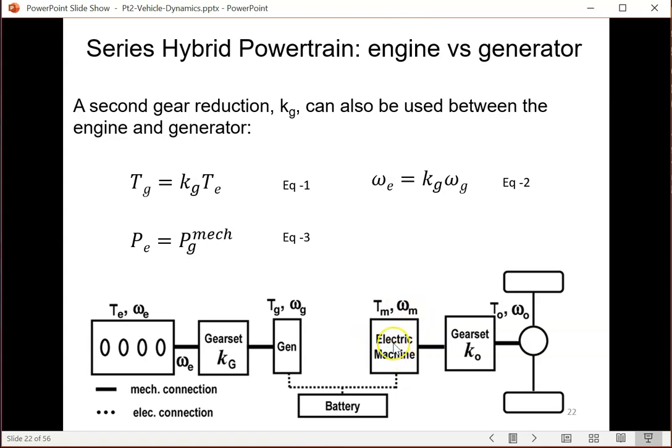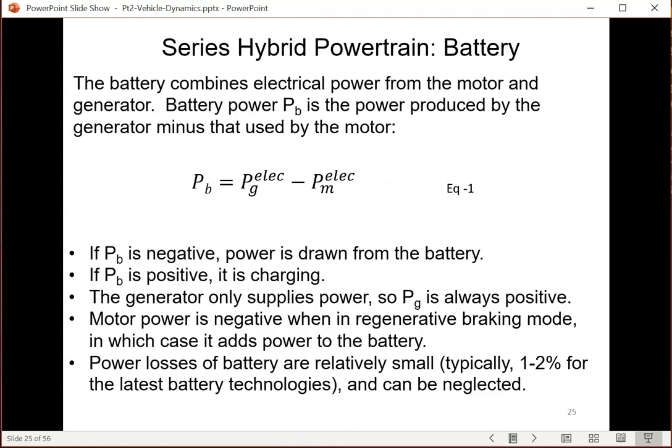So total energy equals the motor energy plus the battery energy. Therefore, the energy of the battery will be equal to the energy of the generator minus the energy of the electrical motor. So that's what this equation is: battery power equals Pg electric minus the electrical power of the motor.